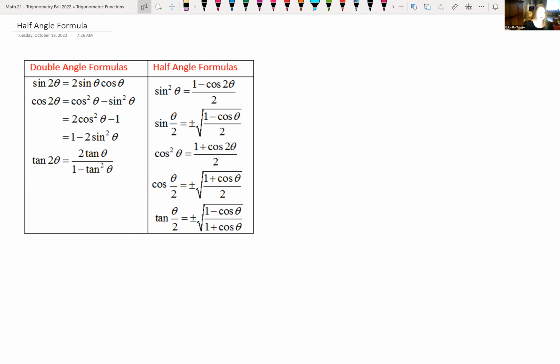So let's start with the double angle formula that's in front of us, cosine of 2 theta. This is equal to 2 cosine squared theta minus 1.